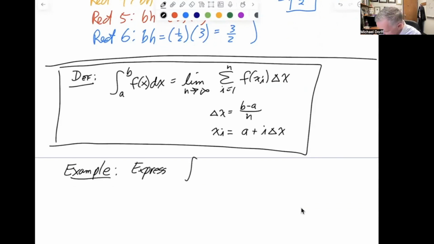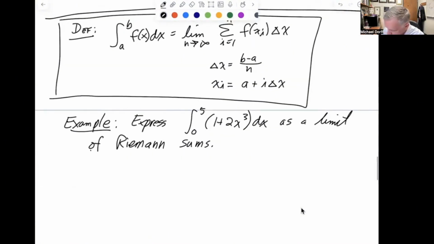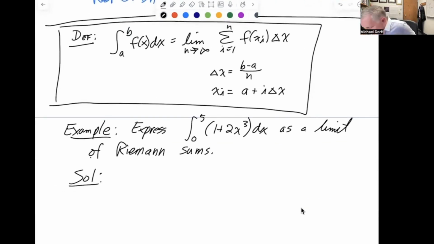Express the integral from 0 to 5 of 1 plus 2x cubed dx as a limit of Riemann sums. Okay, we're using that definition here. So we're given 0 to 5 of 1 plus 2x cubed dx.